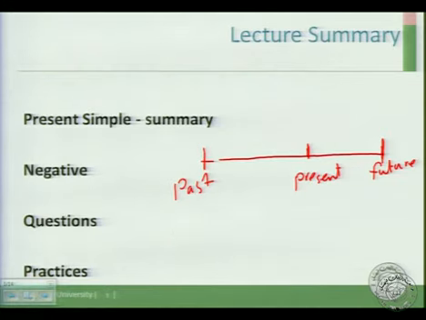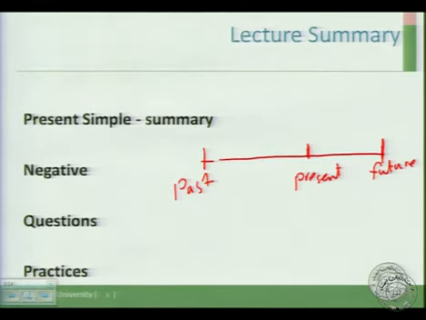because we usually have these activities as habits or as daily activities, or because they are facts that we cannot change. And if you remember the examples that I gave you last time, you will see what I mean. So you know the timeline. If you have a Twitter account, you know what I mean.